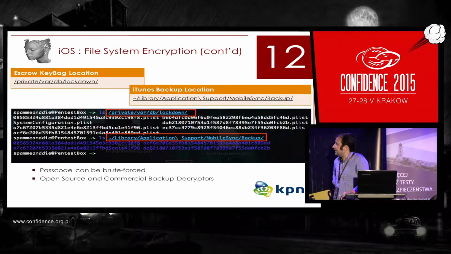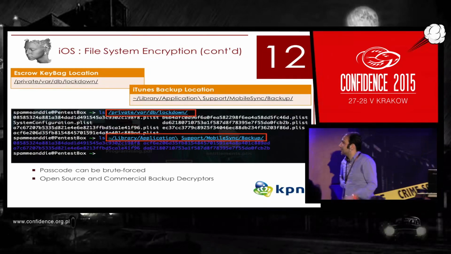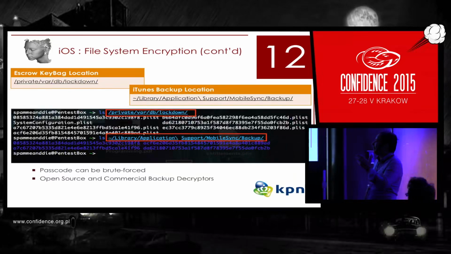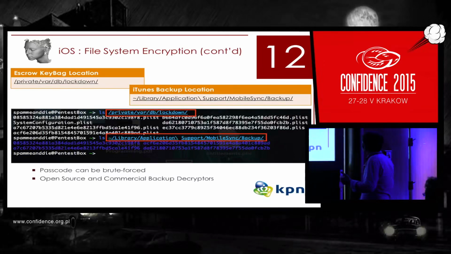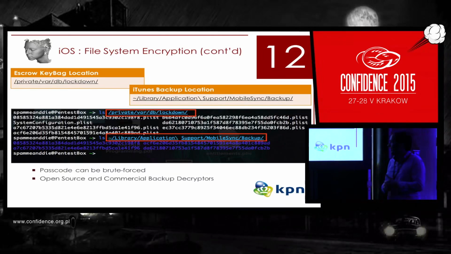As I mentioned, the keybag locations, the internal locations, are stored on your device, in the private lockdown directory within your phone. And there are also external iTunes backup locations, for instance on a Mac device, that contain all the encryption keys.